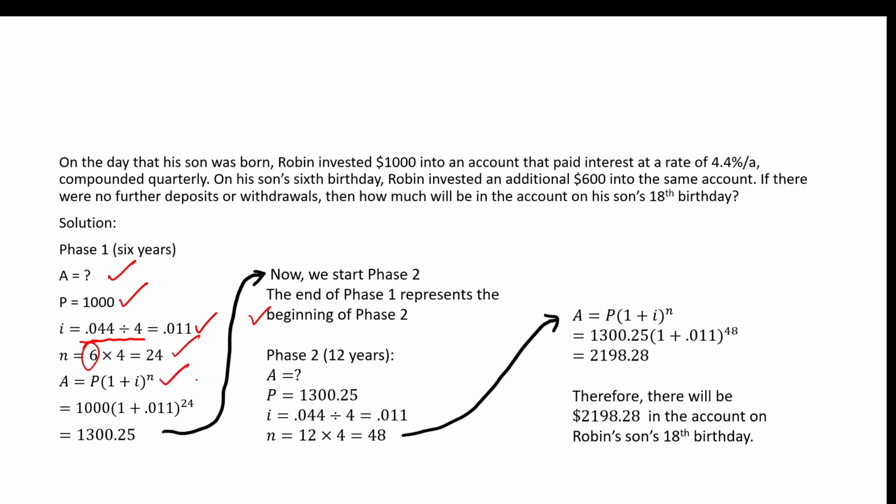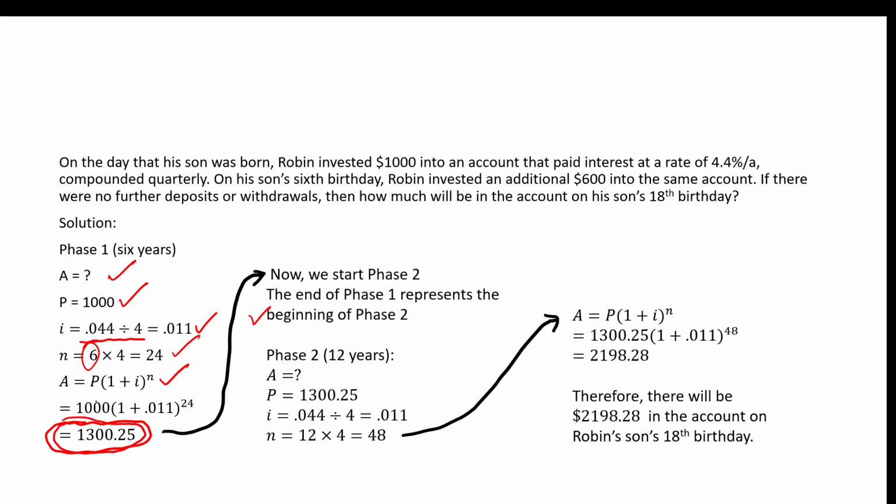We're going to use our fairly simple formula to determine that when the son woke up on his 6th birthday, there were $1,300.25 in the bank.